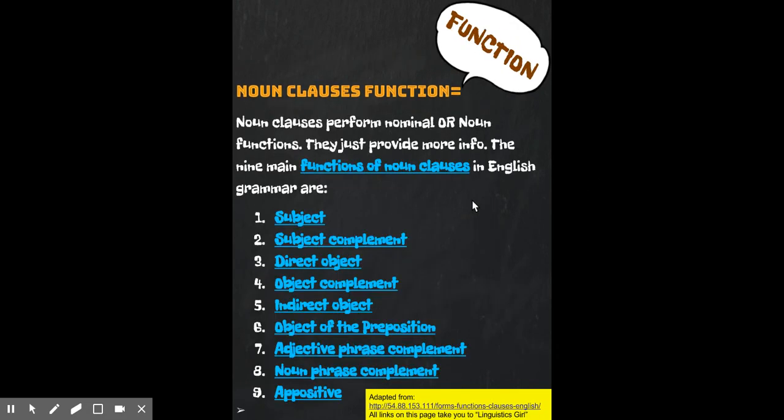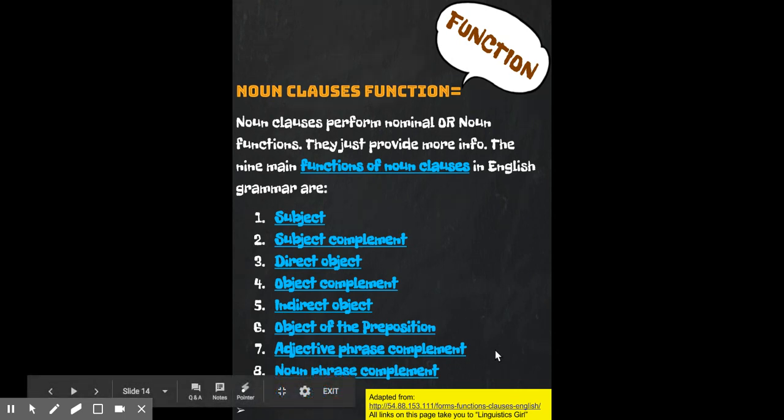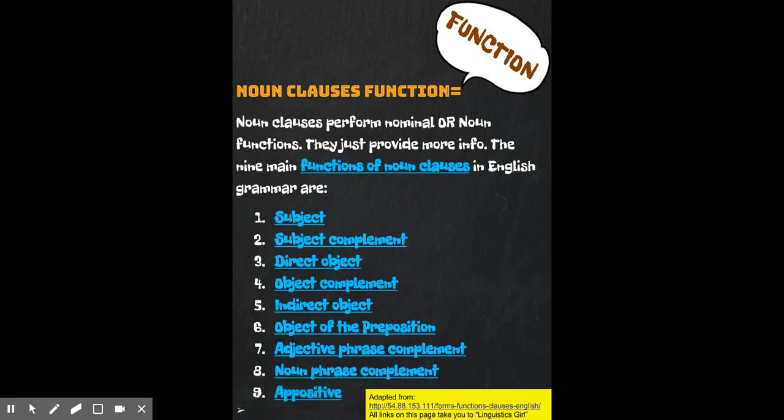So what are they? Subjects, subject complements like predicate nominatives, direct objects, object complements, which we don't know about yet, indirect objects, objects of the preposition, adjective phrase complements, noun phrase complements, and appositives.